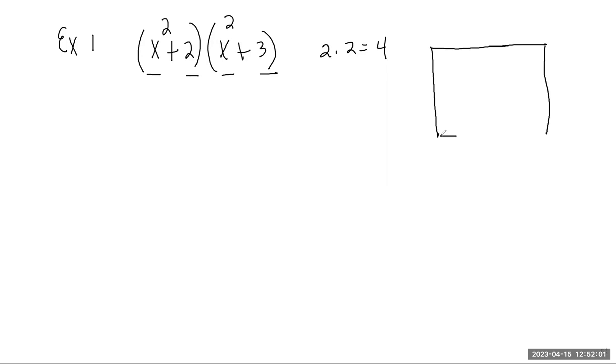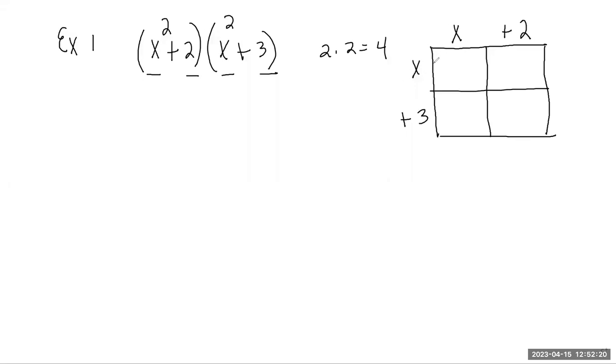And in that square, I'm going to have 4 cells. Okay, and I'm going to put those binomial terms right up here, including their signs, along the top and the sides, okay?